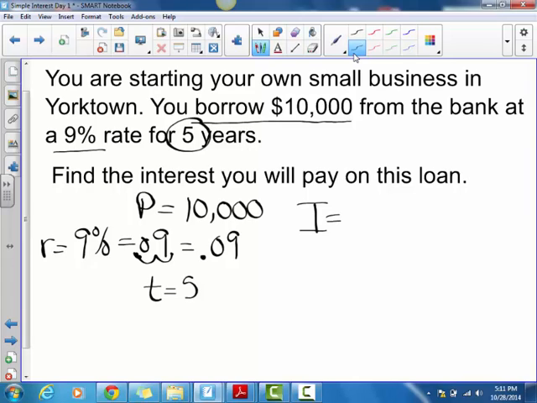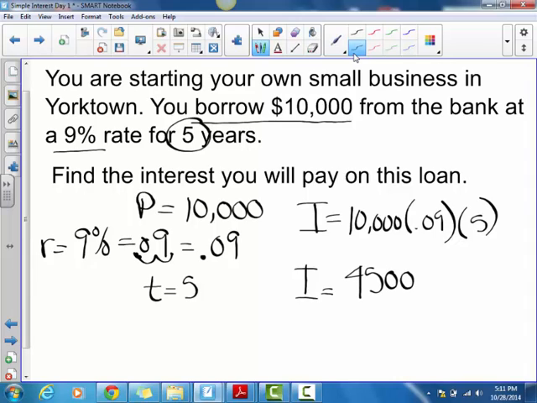I equals P times R times T. So I equals 10,000 times 0.09 times 5. I equals 4,500. So the interest that you would pay on this loan is $4,500.